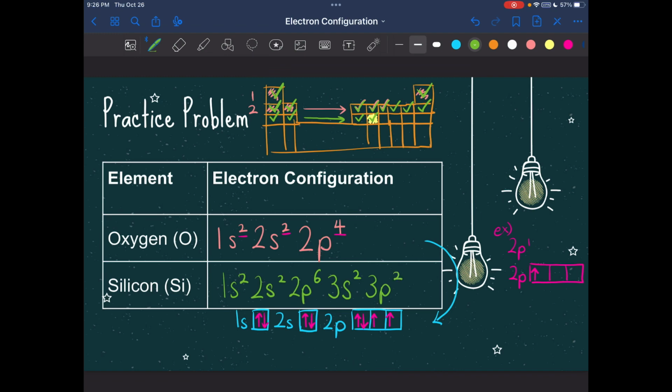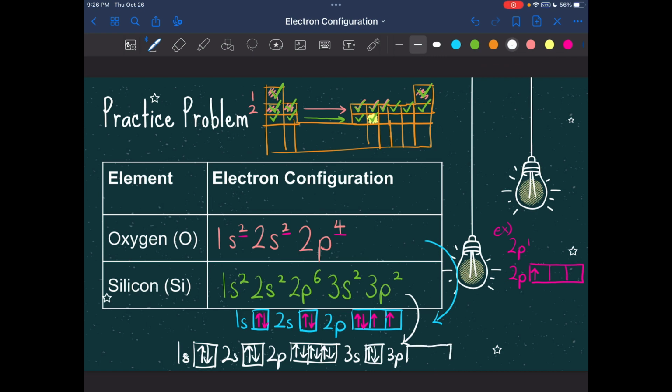So if you're curious about how to make this into an orbital diagram, it's the same process. 1s, 2s, 2p with 3 boxes and 6 arrow signs, 3s, and 3p, which has 3 boxes, but remember, even though we have 1 box with no arrow signs, it's still going to be there as a placeholder.